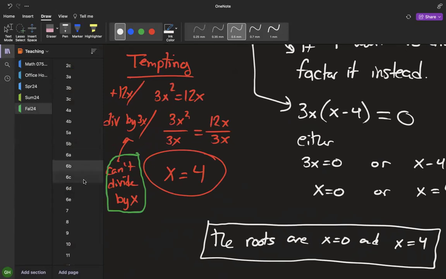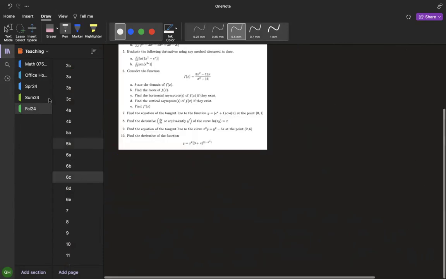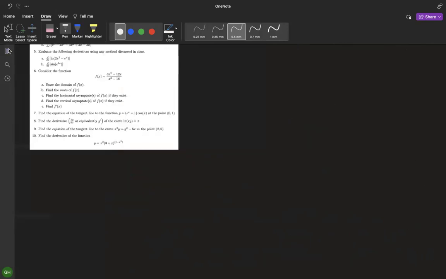All right, so we found the domain and we found the roots. Next up, we are going to find the horizontal asymptotes.